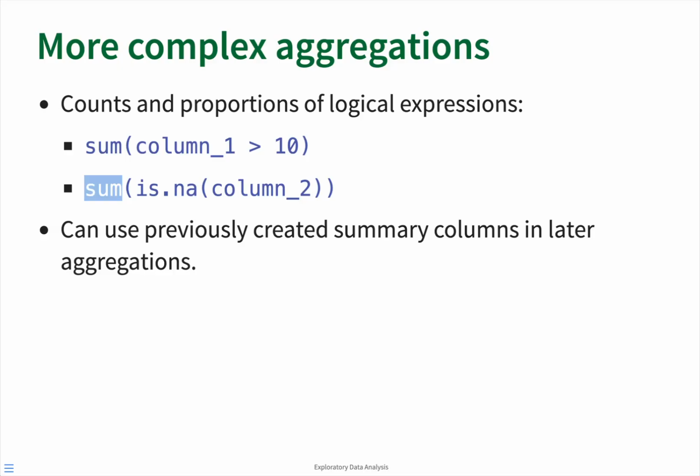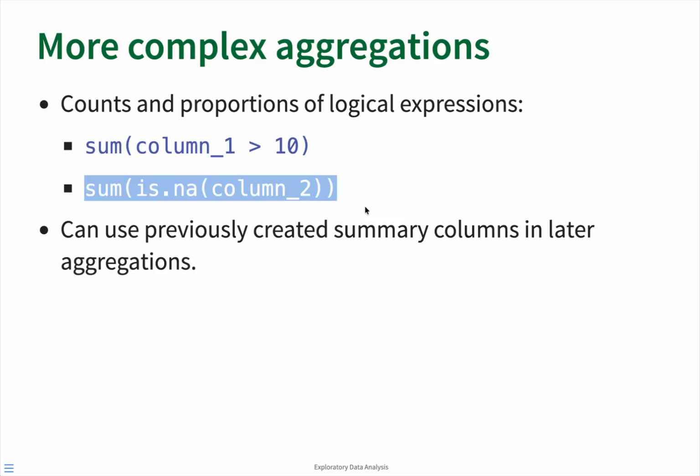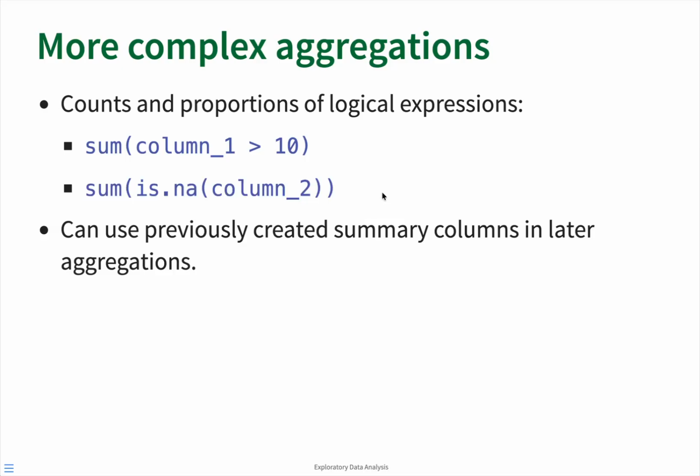So any output where there was a missing value. And it will add a 0 for any case where that output was false, i.e. where there wasn't missing data. Well, obviously, if we add up zeros, then that doesn't contribute to our sum. And so what this code would effectively do is just count up the number of cases of missing data in this column.